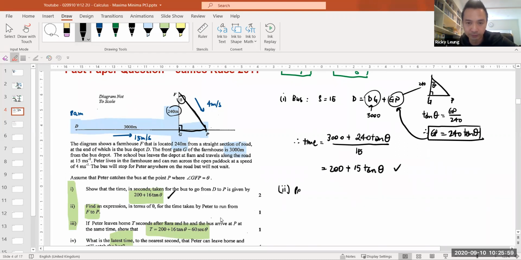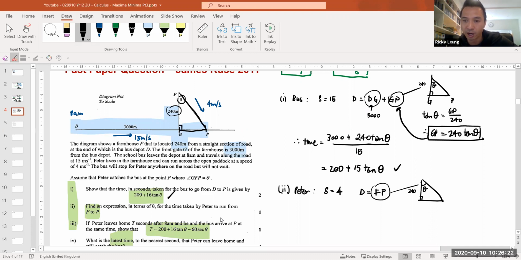So for Peter, his speed is 4. His distance is just FP, which is missing. To find the time, I need to find this distance. It's the same triangle, with 240 there.